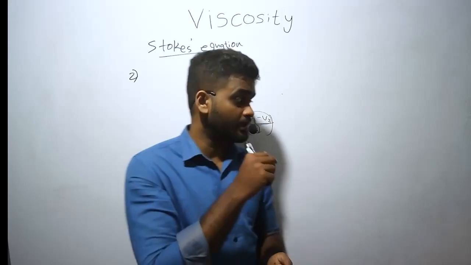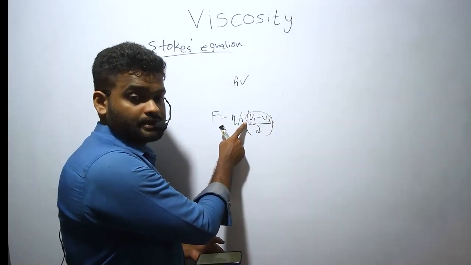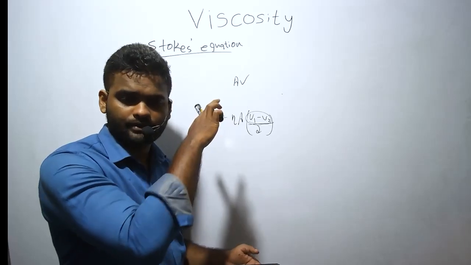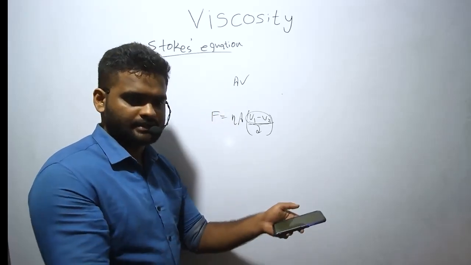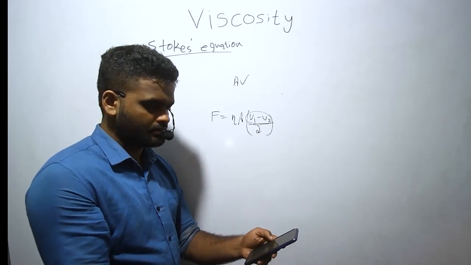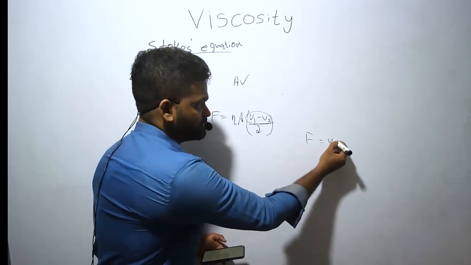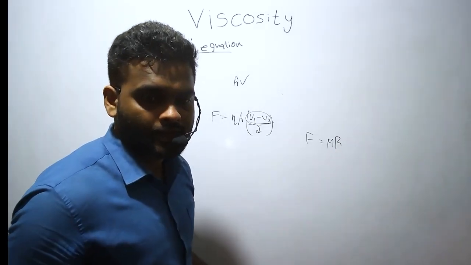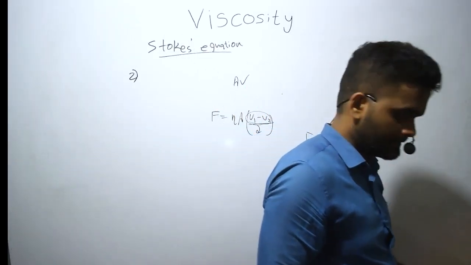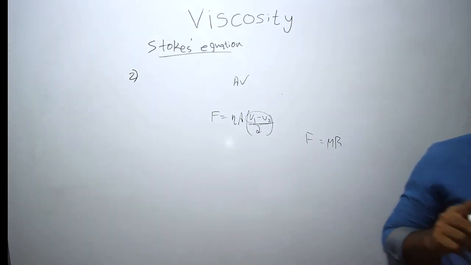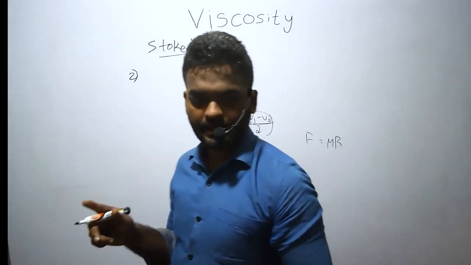Viscous force depends on area. See this? Viscous force depends on area, but friction does not depend on area, right? Remember, when you are doing friction, it doesn't matter whether the surface area is large or not. For that, it is just mu R. There's no term for area. Does not depend on area, that is true. That is correct.